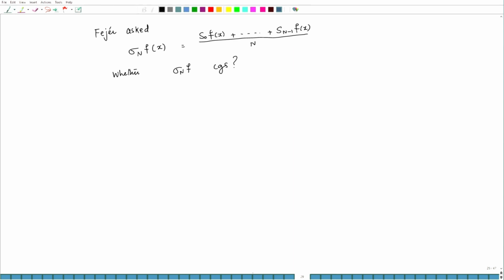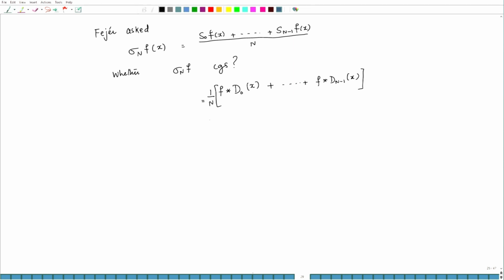Now, if we write down the Cesaro sum, this is equal to, S_0 we know is f convolution D_0, which is the Dirichlet kernel, up to f convolution D_{n-1} of x, the average over n.